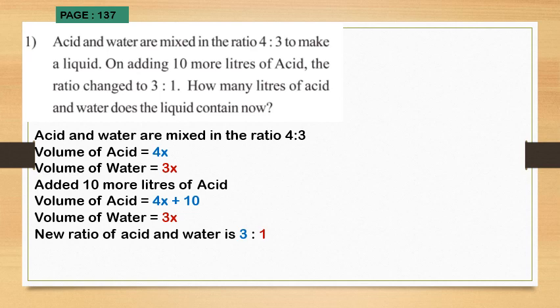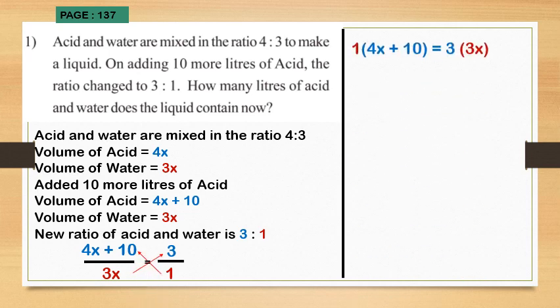So let us write this relation in the form of a fraction, that is 4x plus 10 divided by 3x equal to 3 divided by 1. Then what will we do? Yes, cross multiply. We get 1 into 4x plus 10 equal to 3 into 3x.